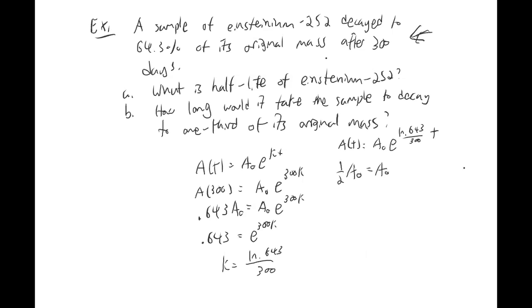So I'm trying to find what t is for when I have half the initial amount. And hopefully you all see it's pretty simple, right? If you just solve for t, ln both sides, you get 300 ln of a half over ln of 0.643. So let me just write the answer here.